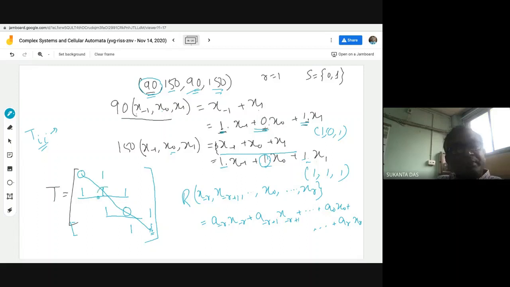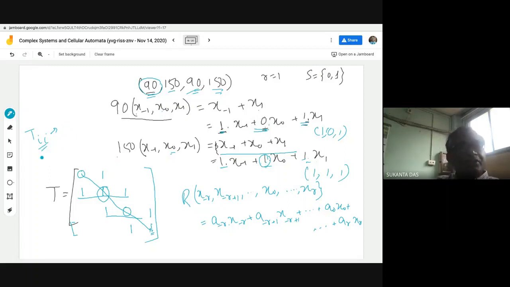Here it is 1, which means it depends on itself. You can see for rule 150, it is 1. Here you can find x0, it depends on itself. Whereas in case of 90, it does not depend on itself. It is 0. So T I I means it depends on cell I, on itself.